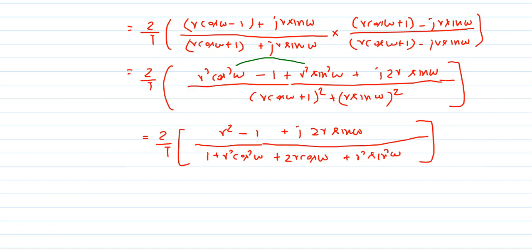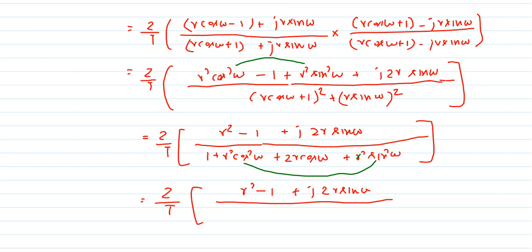Again here I can couple these two terms together, because in this the common factor is r², with cos² + sin². So we get 2/T times (r² − 1 + j 2r sin ω) divided by (1 + r² + 2r cos ω).